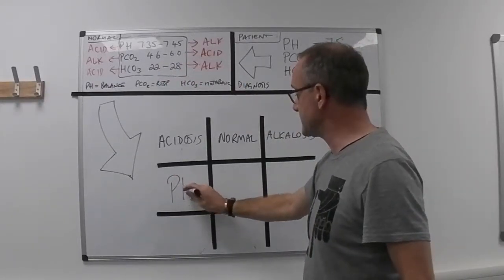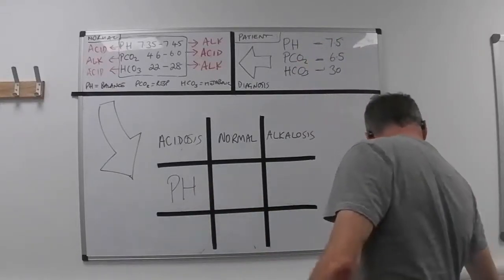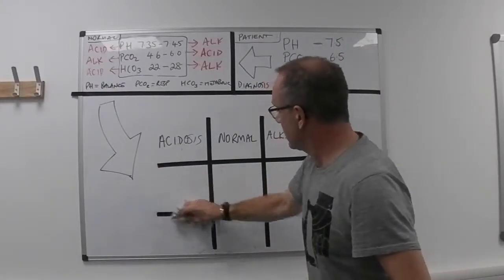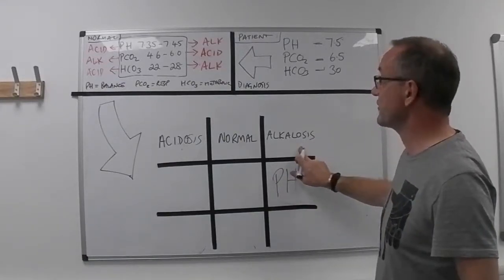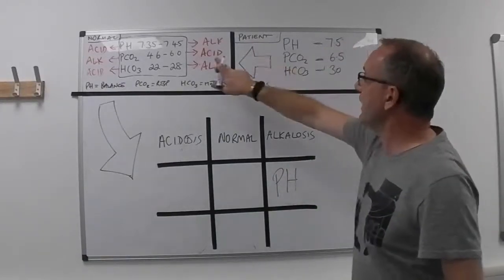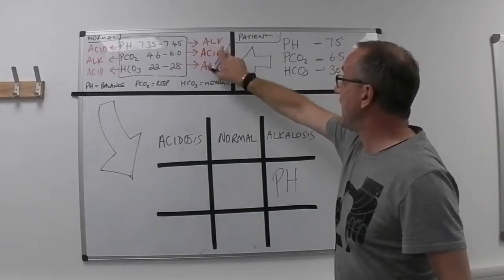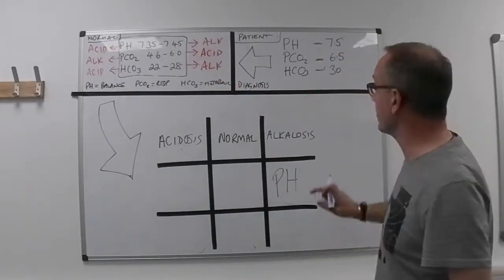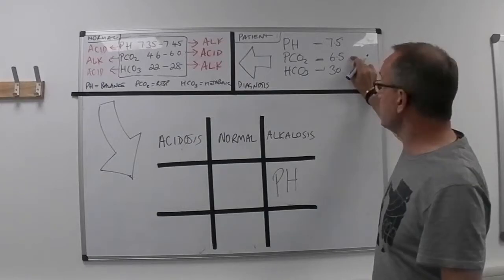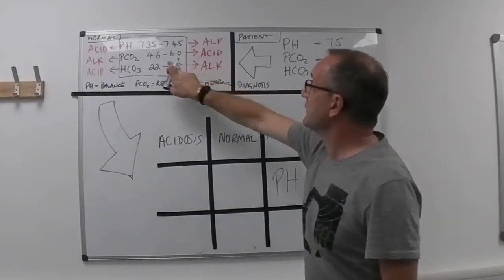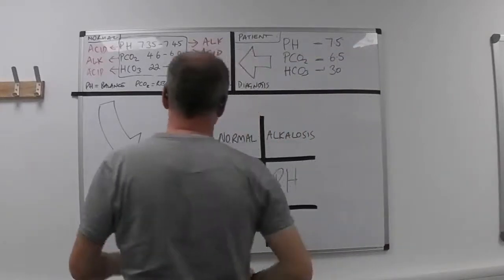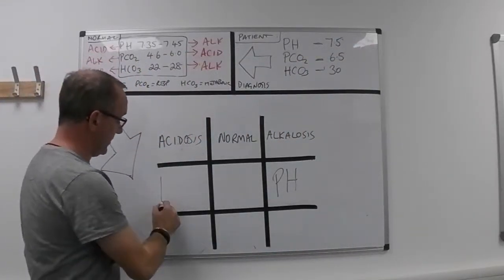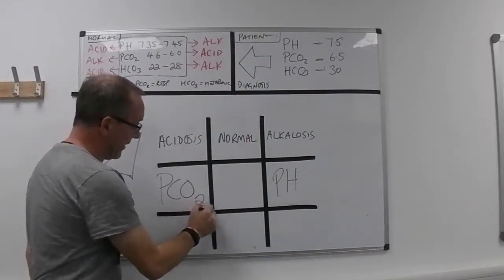So we put a pH in the alkalosis column. Sorry about that. 7.5 above 7.45, alkalosis into the alkalosis column. PCO2, 6.5, compare that, is above the 6.0, which makes it an acid. So we put the PCO2 in the acidosis column. That one is correct.